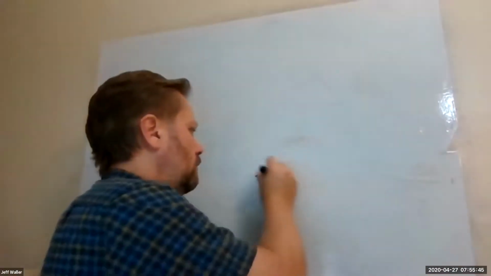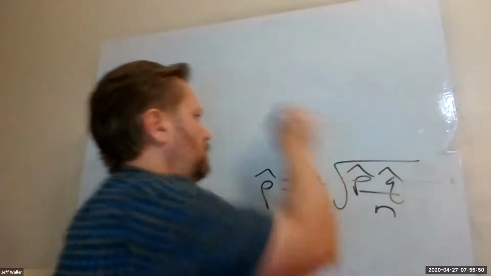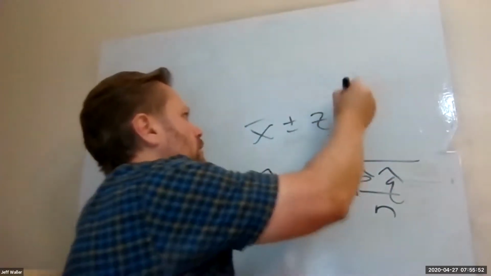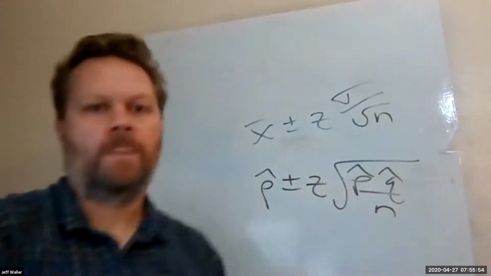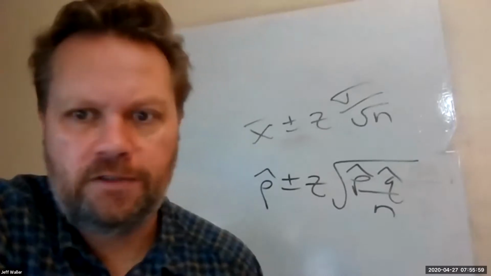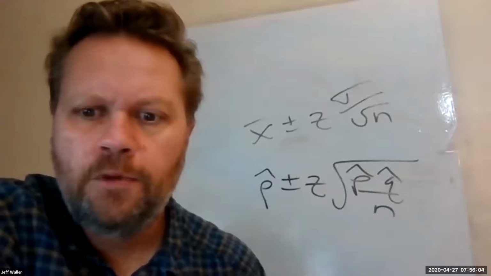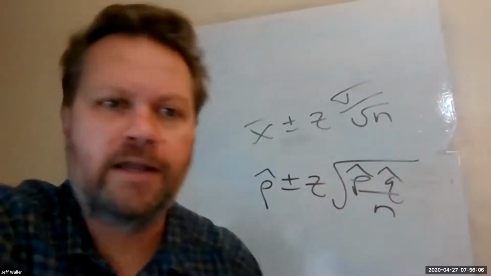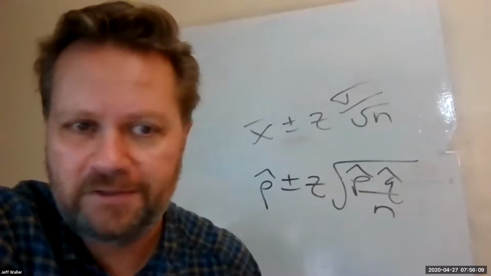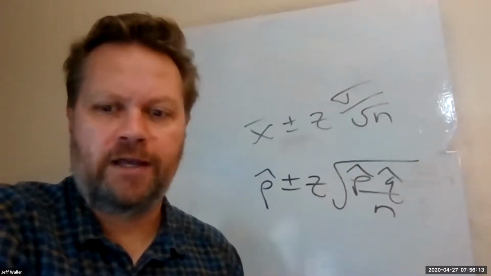Believe it or not, the formula for the confidence interval for percentages. Let me compare that to the formula for means. Which part of this formula represents the spread?